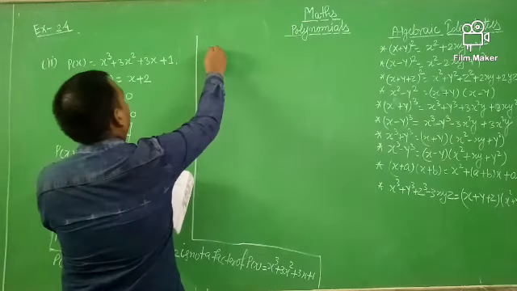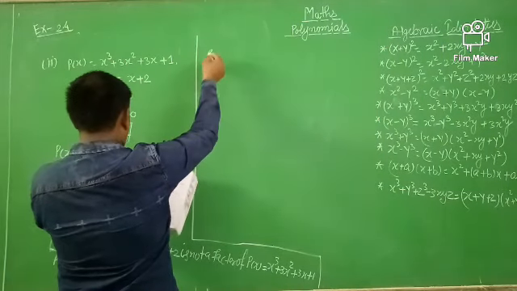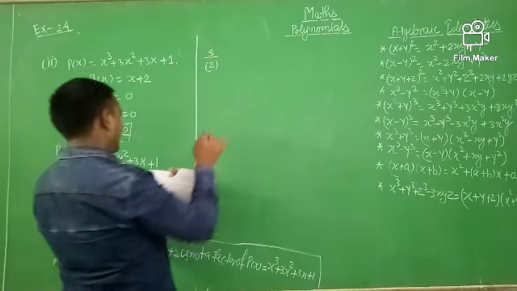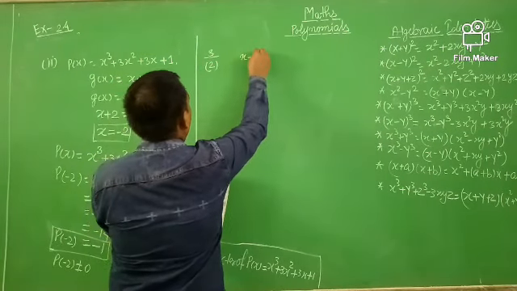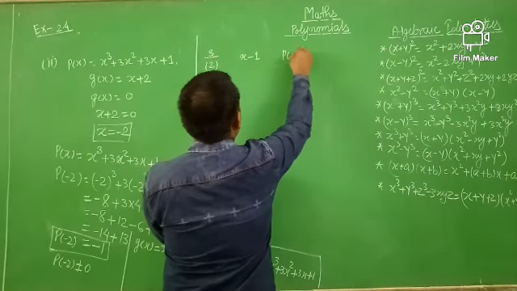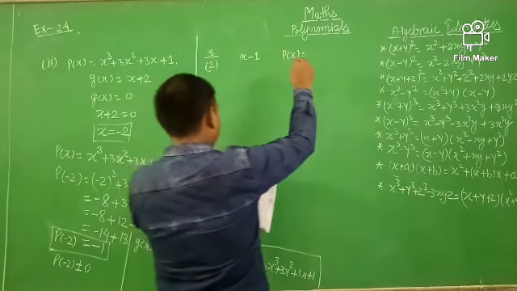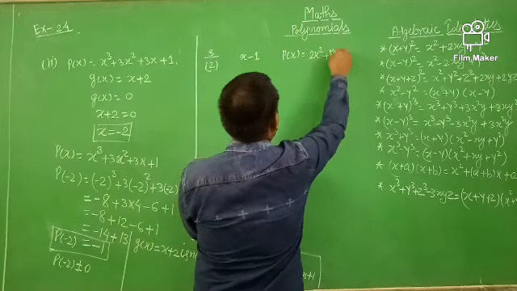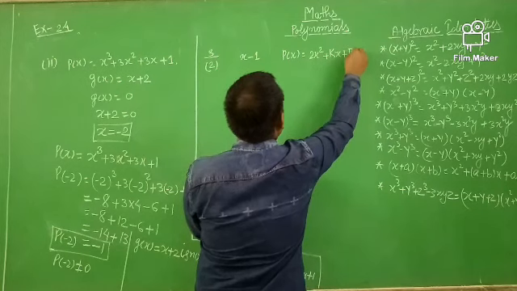Question number 3, part 2: x minus 1 is a factor of p(x), and p(x) is given as 2x square plus kx plus root 2.